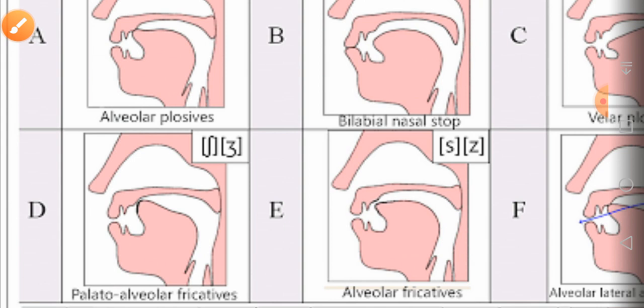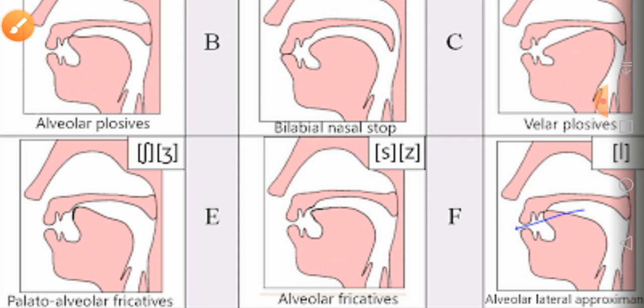Feel the articulation when we say sh. As we can see here, the blade or tip of the tongue is close to the alveolar ridge, not on the alveolar ridge but behind it.